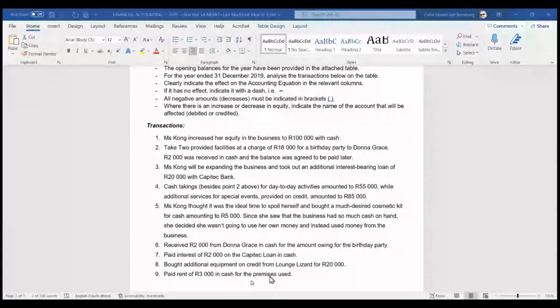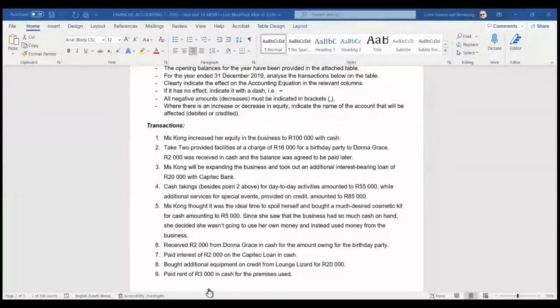Thank you, Matomi. There we go. By 14,000. In other words, the difference between the income that we've generated, which was 16,000, and the 2,000 rands that they've paid already on that account means they owe us a further 14,000 rands.